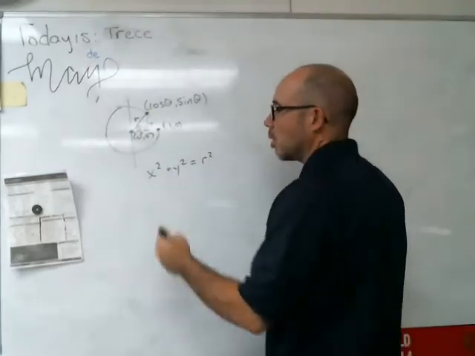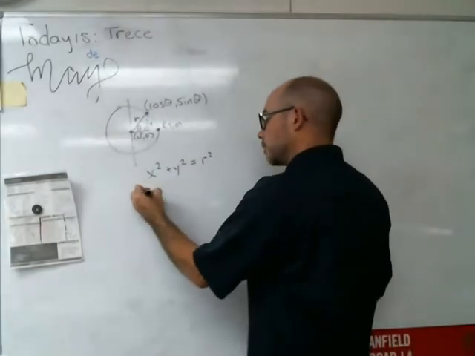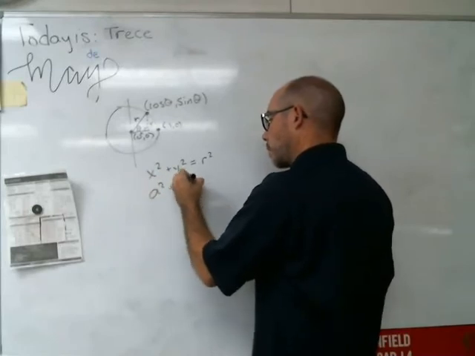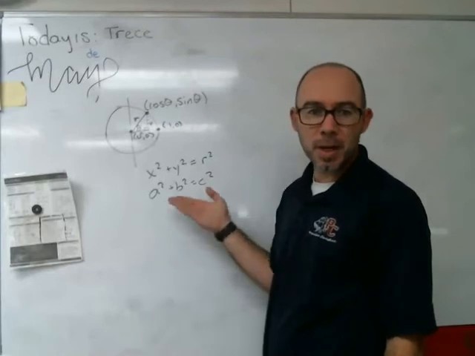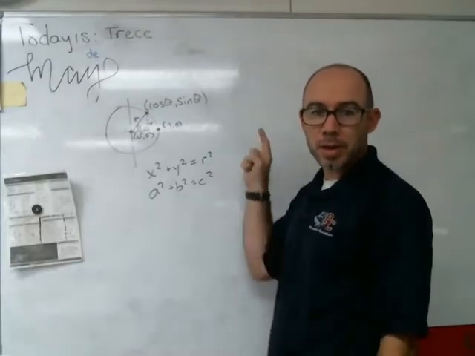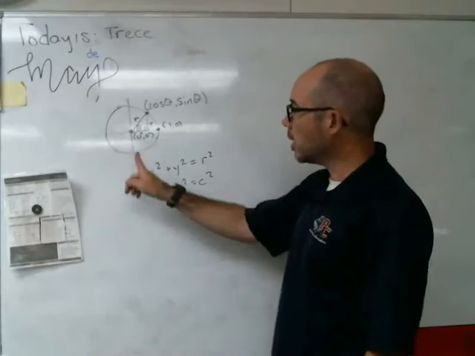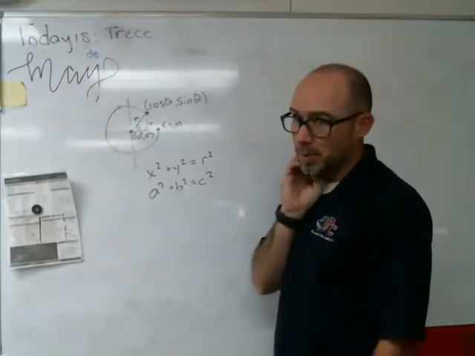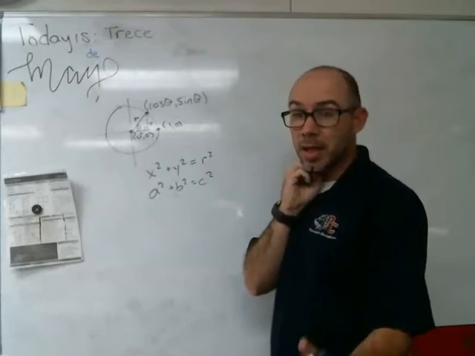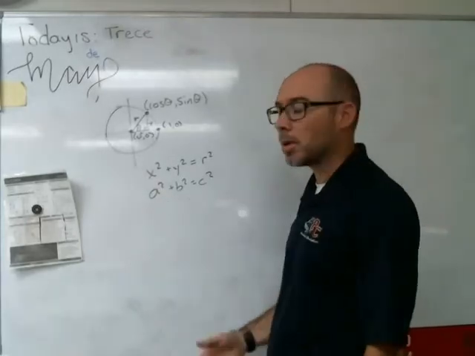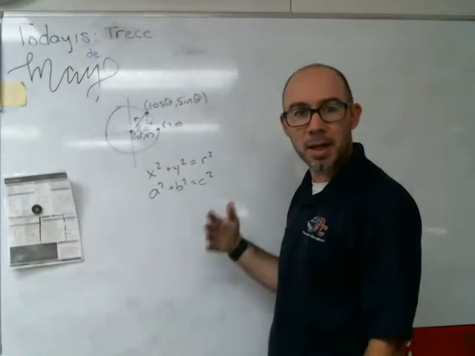A squared plus b squared equals c squared. It's the same thing. If we were doing this in complex numbers, we could have the same kind of setup. A goes this direction, b goes that direction, and then we've got our last part, the modulus, the distance, the absolute value of a complex number. It's all the same exact kind of math.